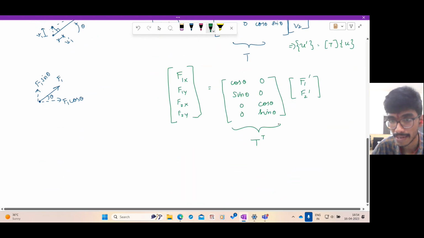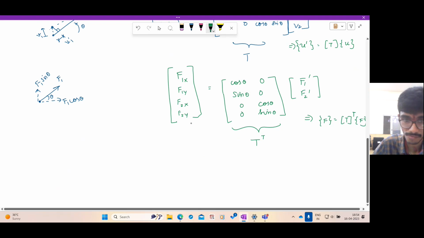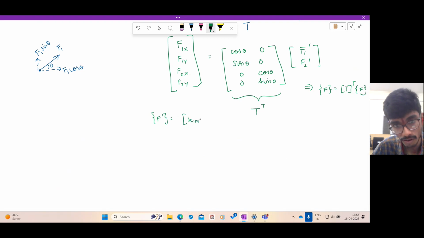And here what do we get? We get F, the global F, is the transpose of the transformation matrix times the local F. Now we have F prime is equal to some local member matrix times U prime.